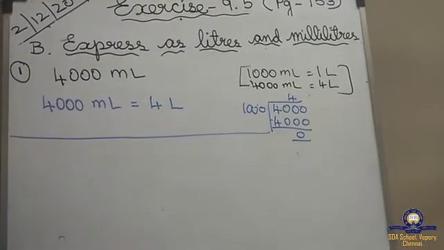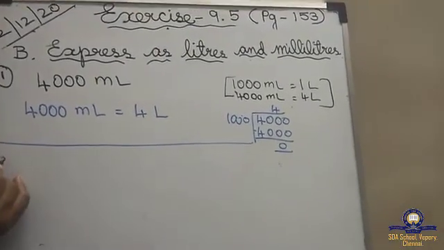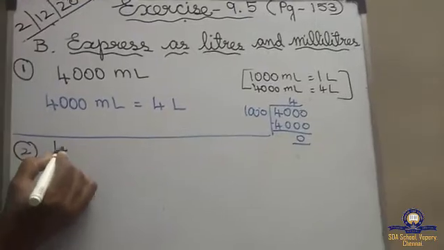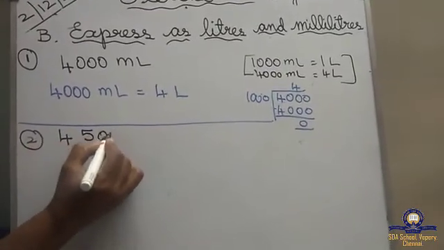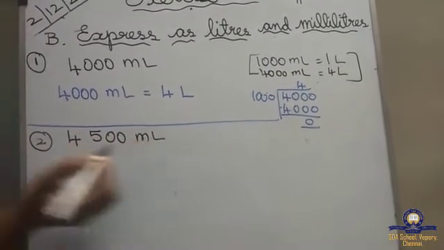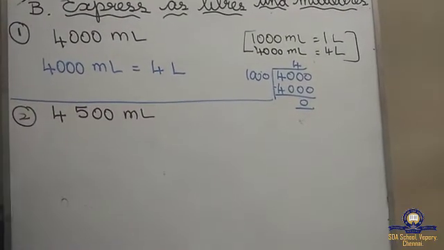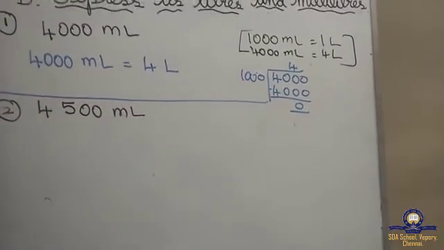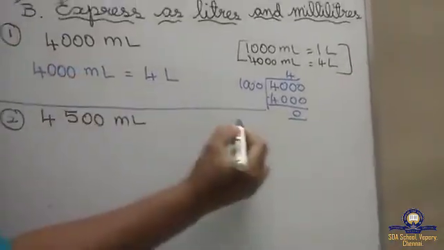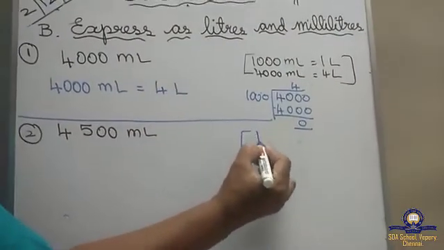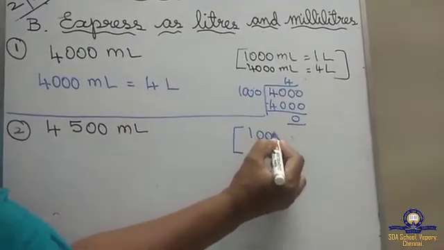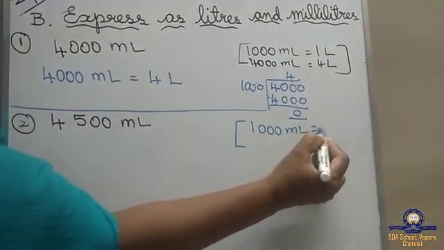Okay, the second sum. Second sum also very easy only, but they were given 4500 ml. So 4500 ml means what will come, children? Very easy only. Directly, if you are thorough, you can do the sum. 1000 ml is equal to 1 liter.